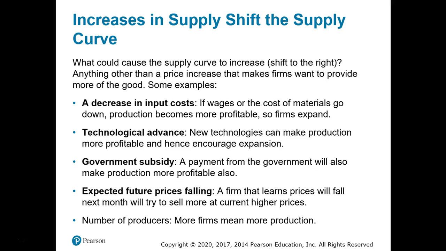Wages or the cost of materials go down. Production becomes more profitable. So we expand. Technological advances. If I can speed up that process, I make more money. So new technologies can make production more profitable and hence encourage expansion.